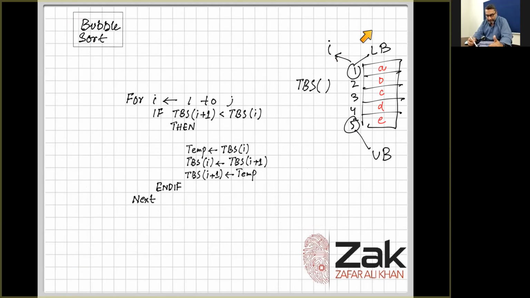Now we will represent this subscript or index with I in this loop. We are sorting an array of character data type with values A, B, C, D, E. It is already sorted.